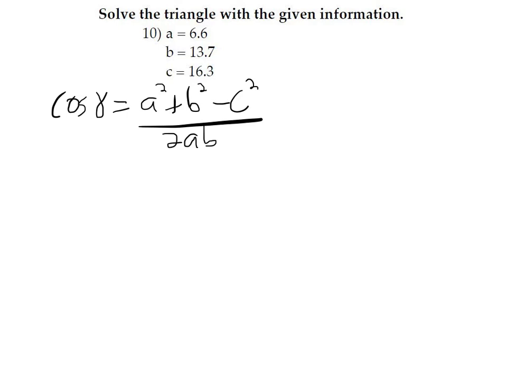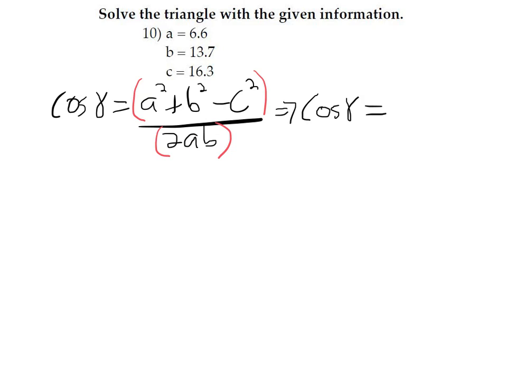So we have cosine gamma, we plug in our information. Before I do this, I highly recommend parenthesizing the numerator and the denominator so that the squares, addition, and subtraction all happen before the division, and all the multiplication happens before the division as well, because of the parentheses forcing order of operations.